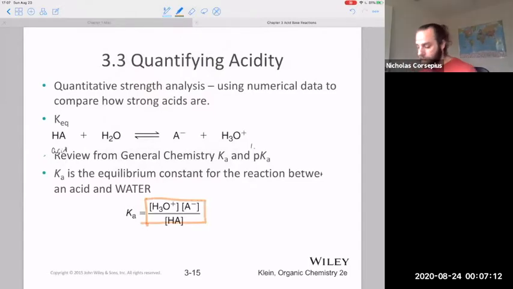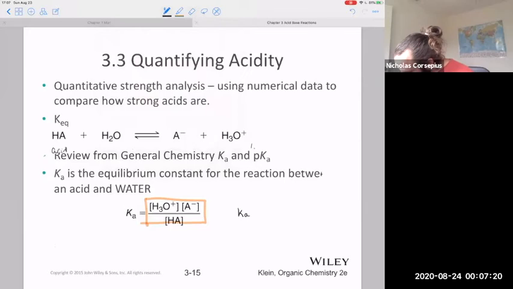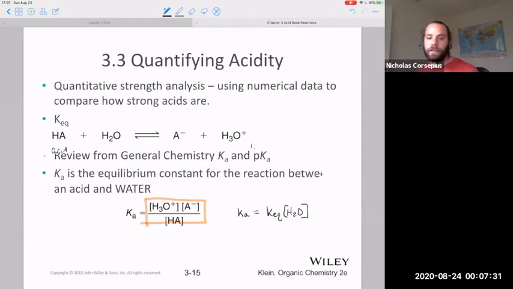Notice it's the exact same thing as the Keq, except that the water term has been removed. So we can say that the Ka equals the Keq times the concentration of H2O. And since we think about that concentration of H2O as being constant, we like to just refer to things as the Ka.